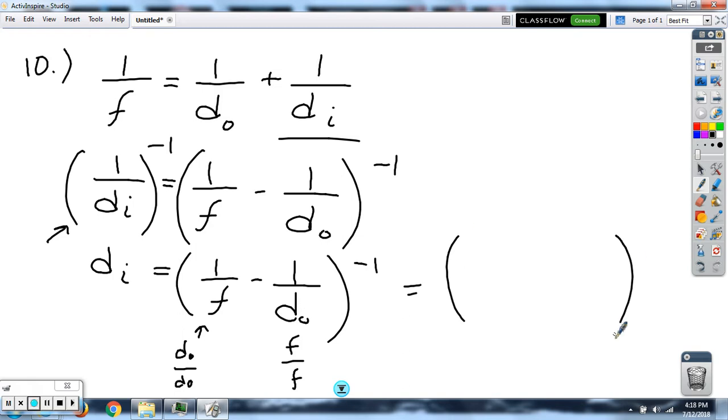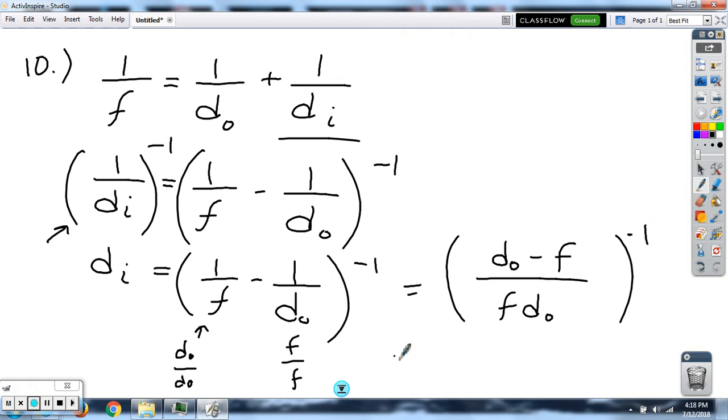So you get DO over DOF, or FDO, doesn't matter, minus F over FDO. And so you get that as the common denominator.